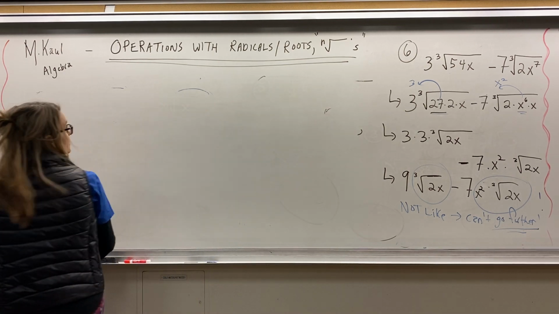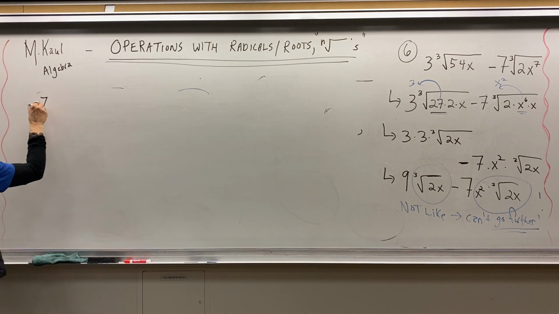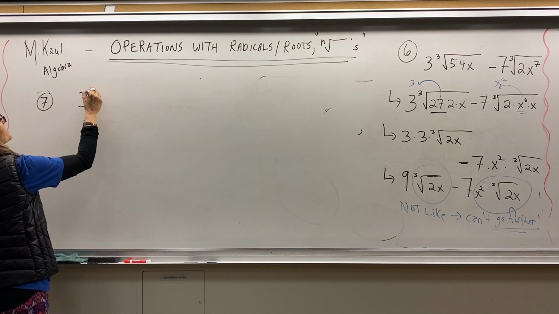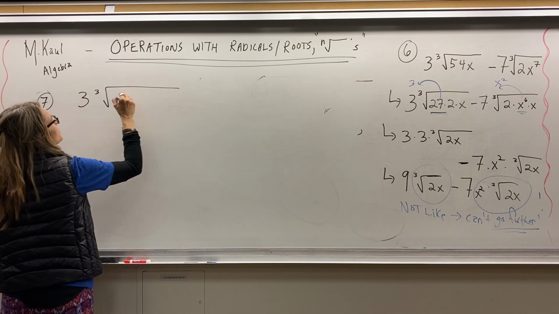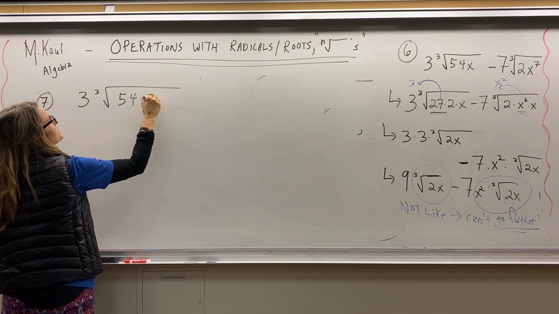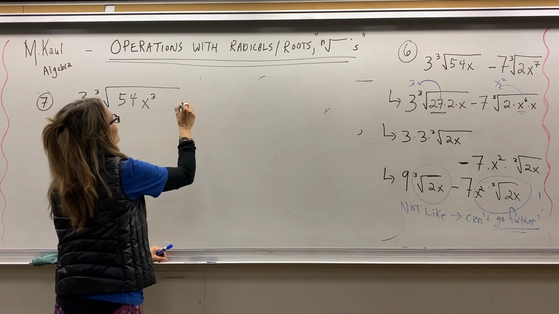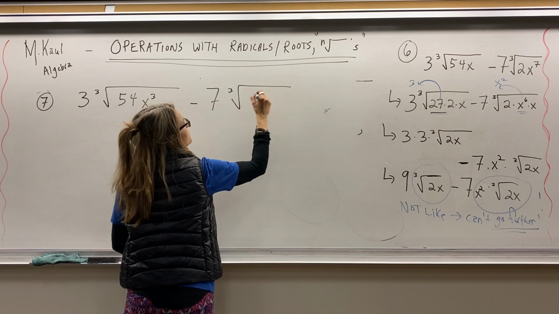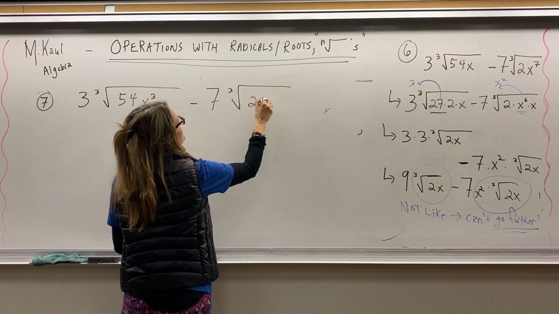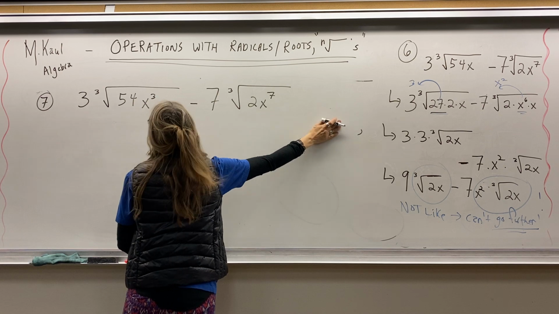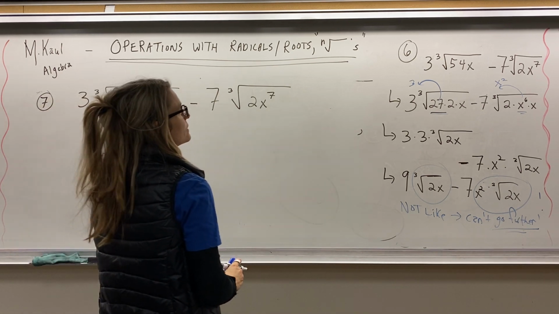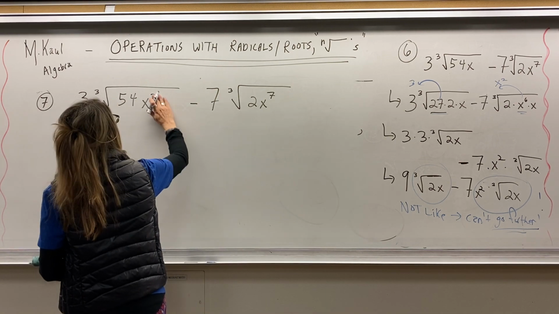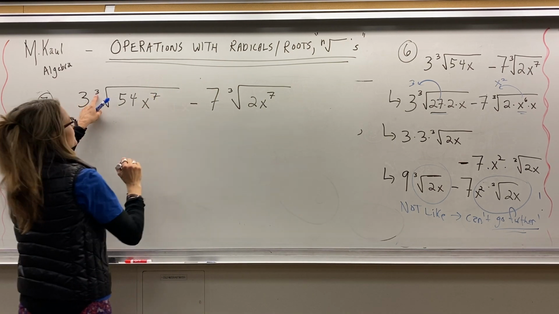So if we do a problem where it will work, such as 3 cube root of 54x cubed minus 7 cube root of 2x to the 7th, not an x cubed, I think we're going to need an x to the 7th here, right? That's right, because we're dealing with a cube root.